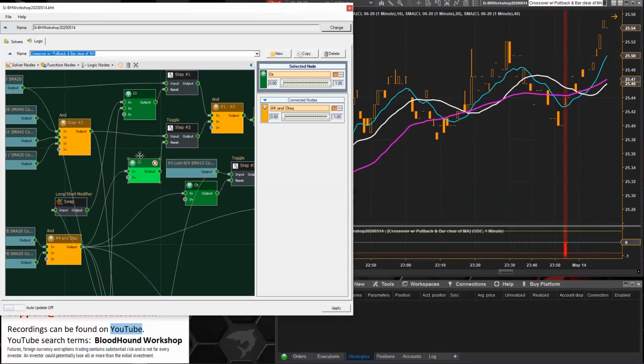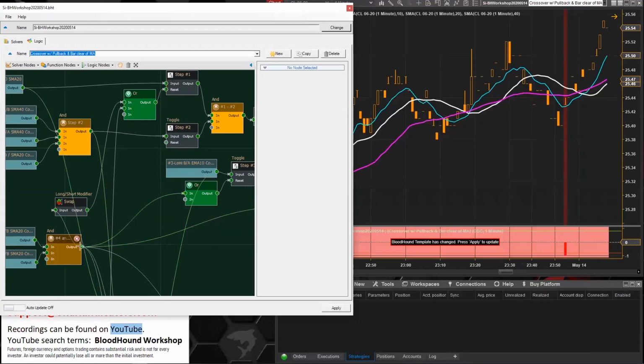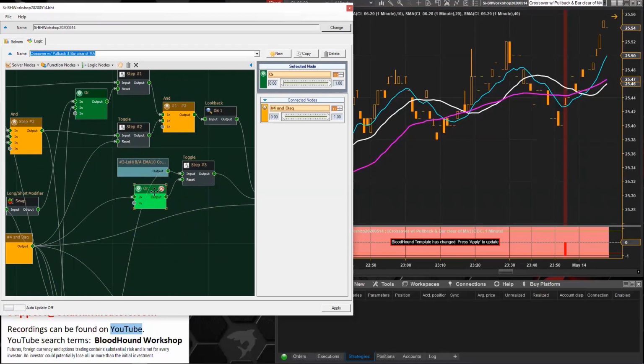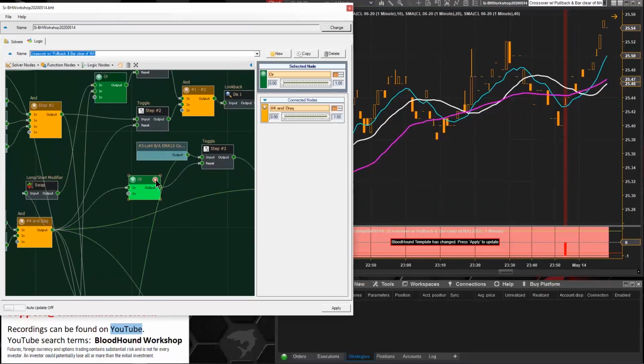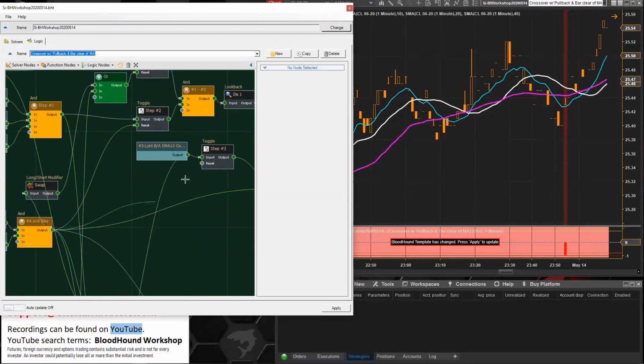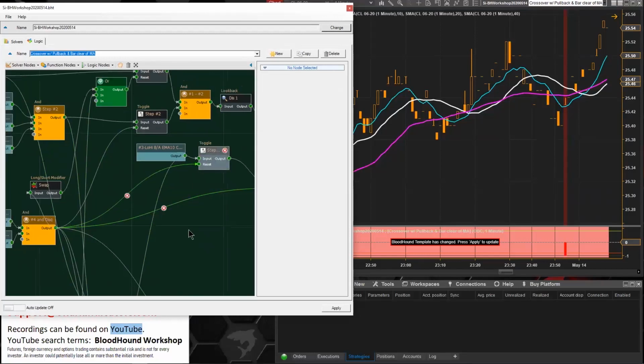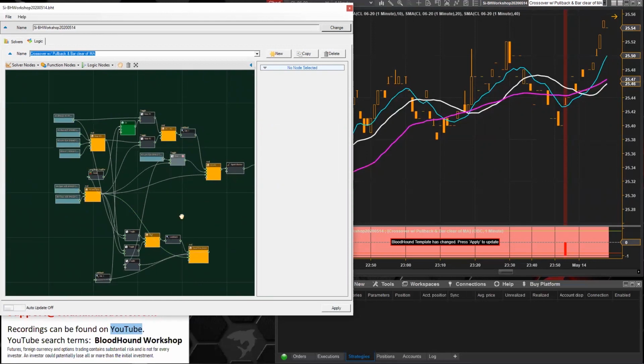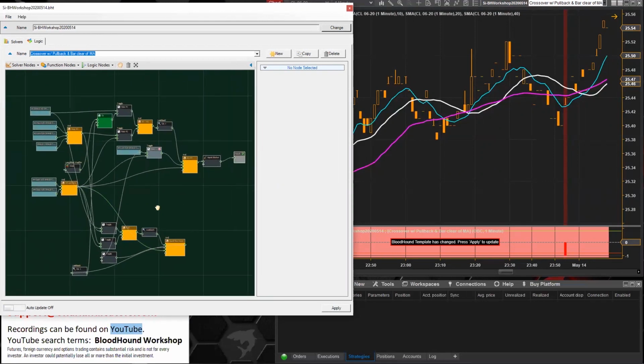This OR node is no longer necessary. I can just delete it and connect that into the reset. This OR node here, there's only one leader coming into it, so I can just disconnect it and tie that straight in. And I think that was it. There we go. That cleans that up a little bit.